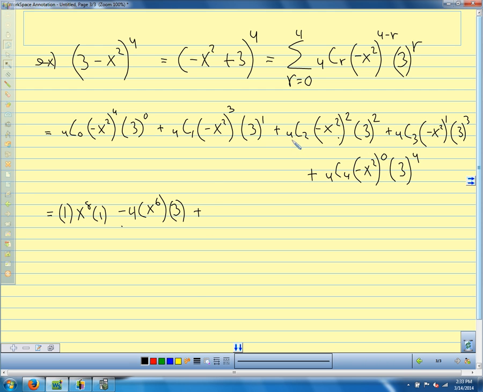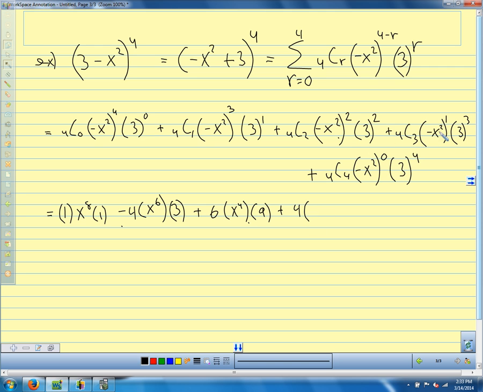4 choose 2 turns out to be 6. Minus x squared squared is x to the 4th. And 3 squared is 9. 4 choose 3 is, where am I at here? 4.